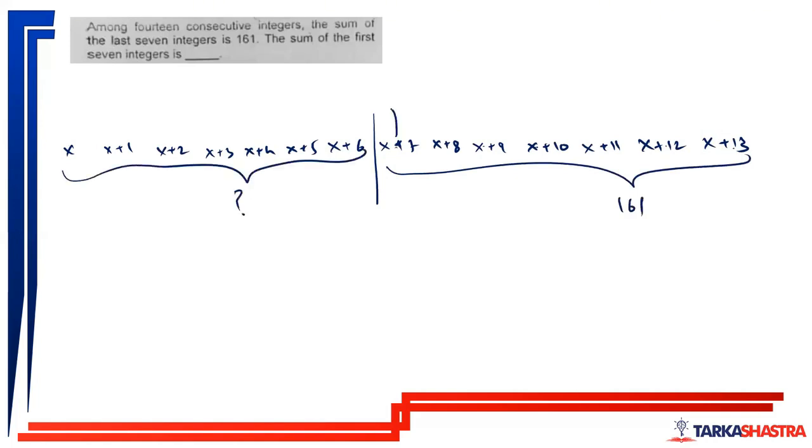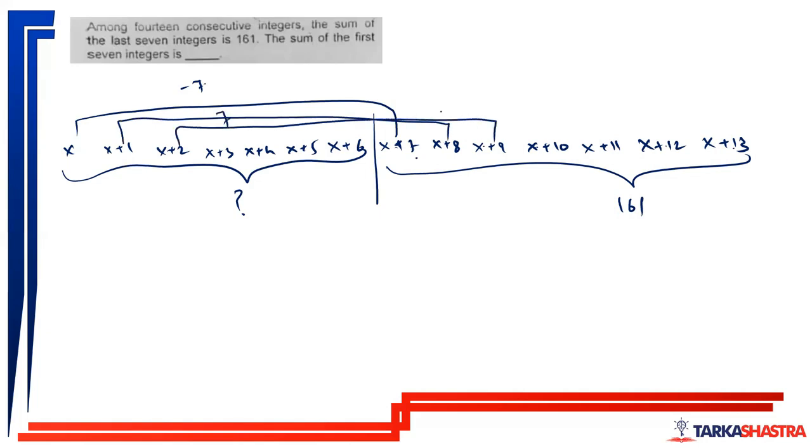If you see this integer, what is the difference between these two? A difference of 7. This minus this is minus 7. So what is the difference between these two? A difference of 7. Difference between these two, again a difference of 7. So if I subtract 7 from each of these numbers, I will get x, x plus 1, x plus 2, up to x plus 6.